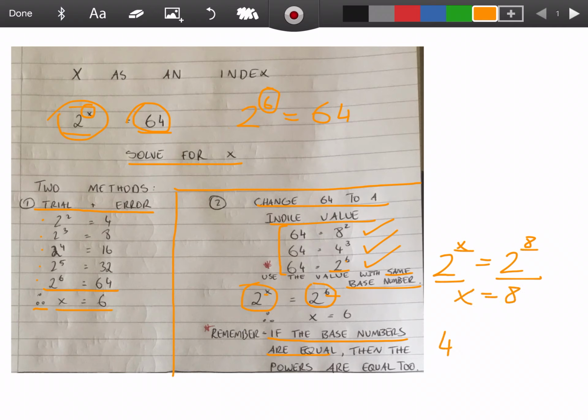Or if I've got 4 to the power of, let's say it's 2y is equal to 4 to the power of 10, the base numbers are equal, therefore the powers have to be equal, and I can say 2y is then equal to 10, and using that I can figure out that y is equal to 5. So that's the way that we're going to attempt these. Now the examples I'm putting on the next slide are just an indication as to what you'll be expected to be able to do today after you look at this.